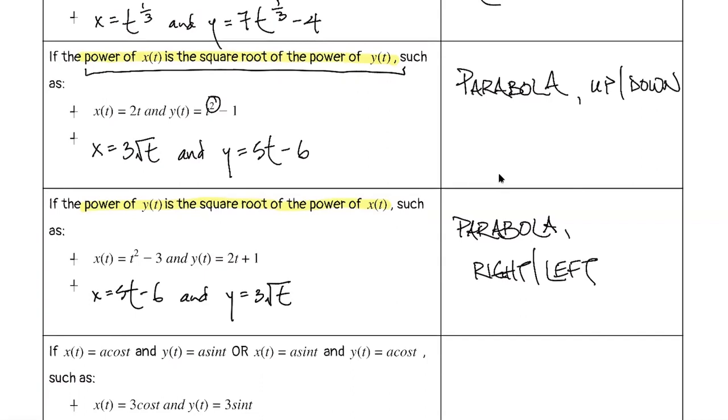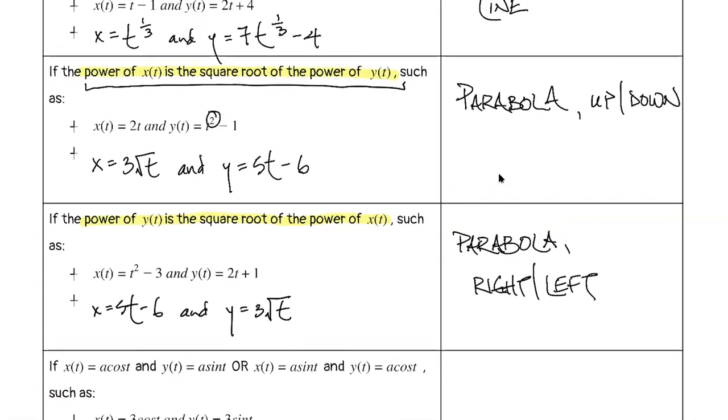Quick question. Yes, what's up? Is there any way to tell before solving it whether or not it's going to go up or down, or left or right? Or you just kind of find that out after you eliminate the parameters? I think to answer that question, I would encourage you to try a few of those and see. Because I bet that once you see a few negative signs here or there, that might help you tell which direction it's going to open in.